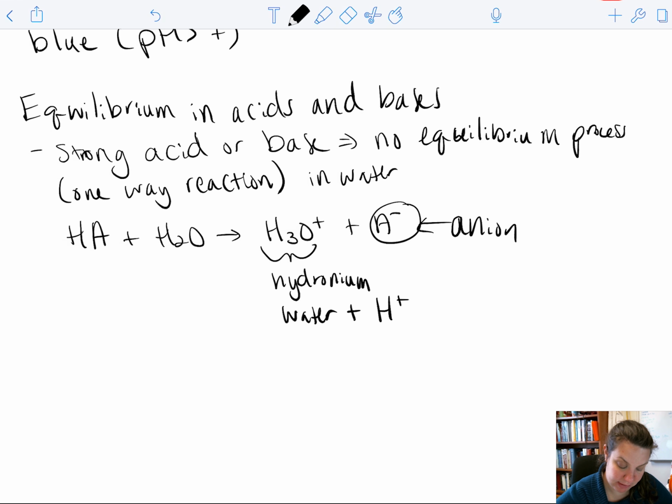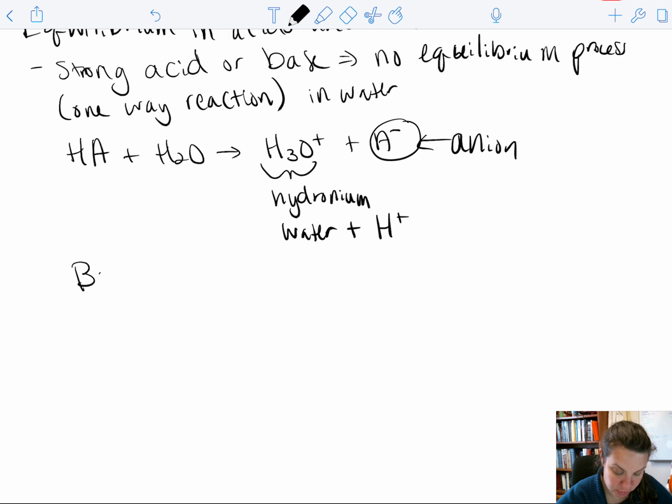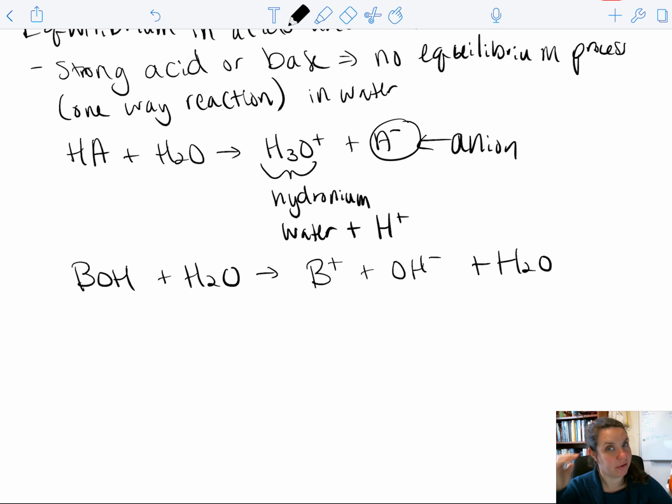With a base, we have some BOH. We add it to water. It doesn't actually do anything with the water. It just produces B+ ions, OH- ions, and then the water still just kind of hangs out. So the water doesn't really interact with the base at all.